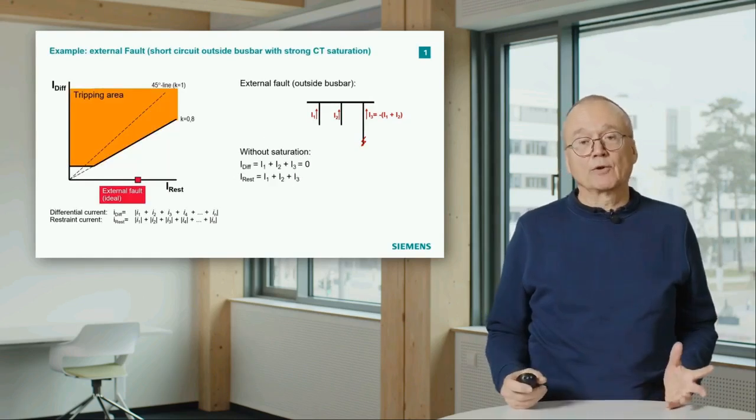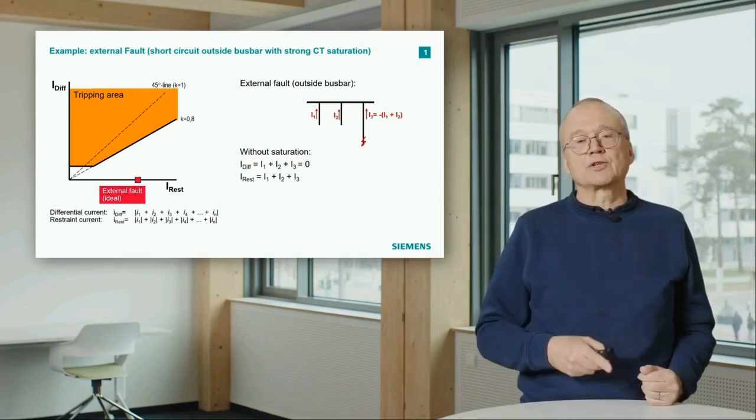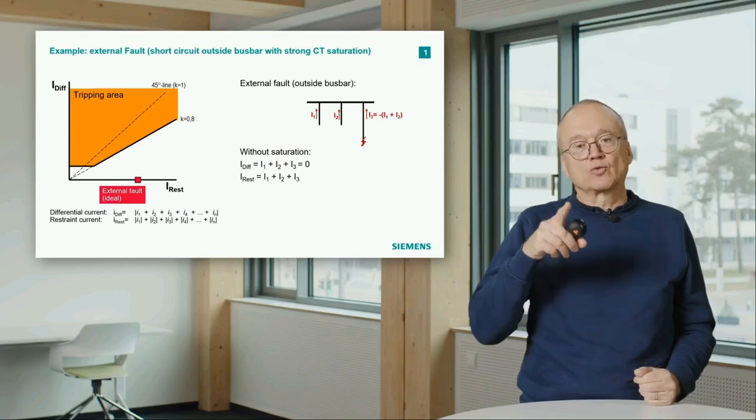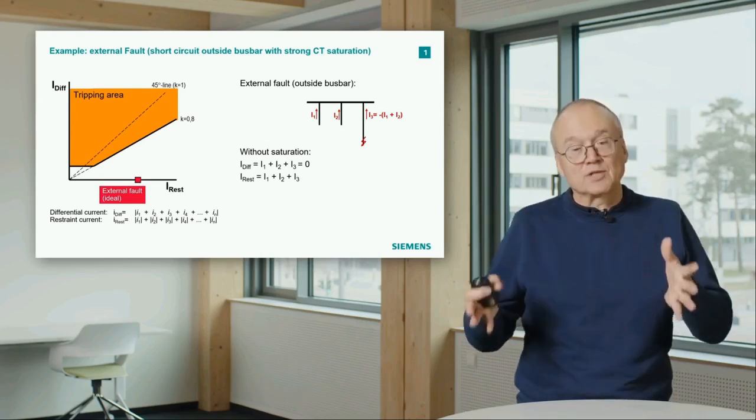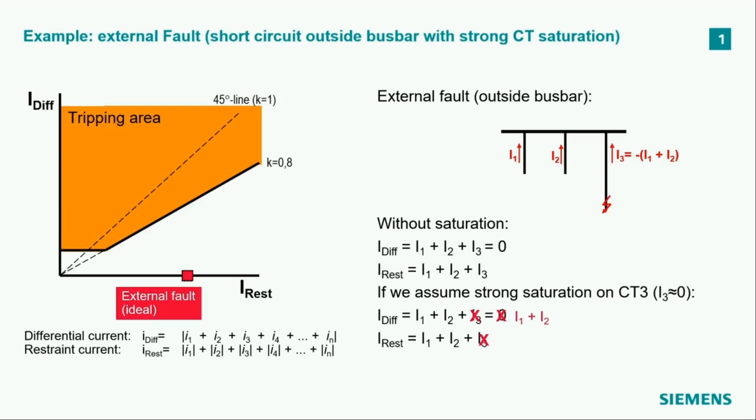What does that mean for our protection relay? Without saturation we had differential current I1 plus I2 plus I3. The sum was 0 because I3 was minus (I1 plus I2). If we now have saturation, we assume the current transformer at feeder 3 doesn't give any output signal because it's in saturation.